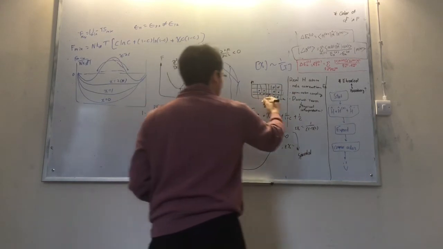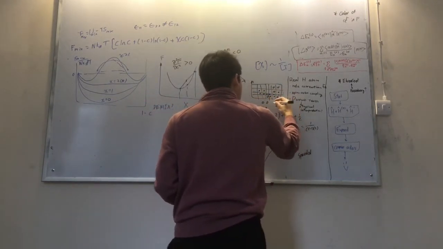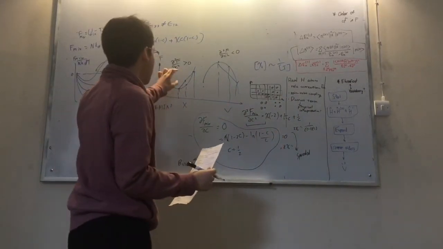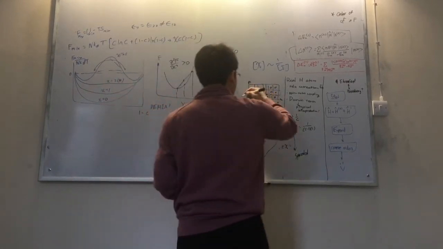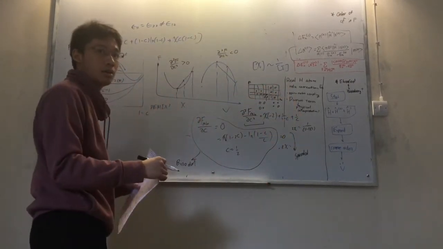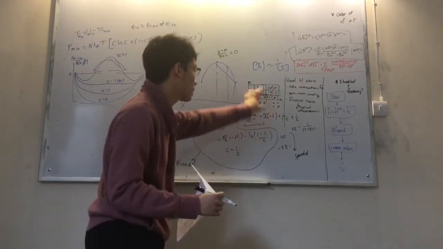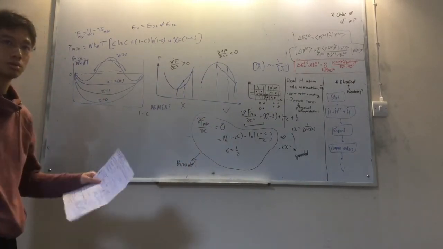So these are two different states. If it's more than 0, it's not favorable to do this. It's just going to be evenly distributed. Whereas if it's like this, then you will get something that looks like that. It's more favorable to do that. Like small localized clusters.